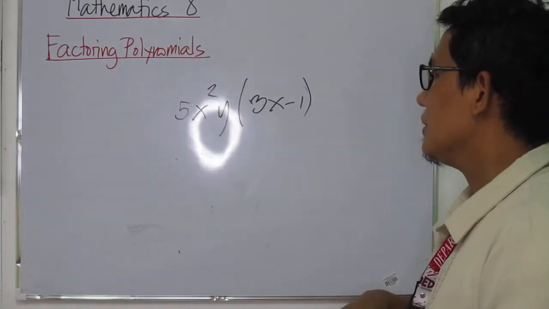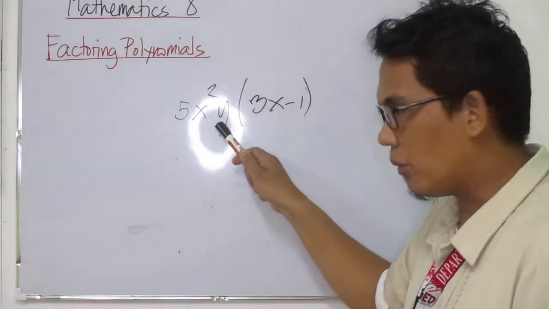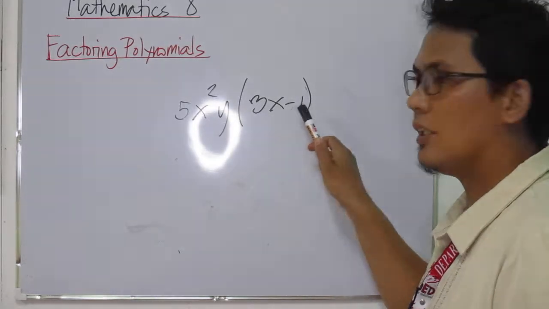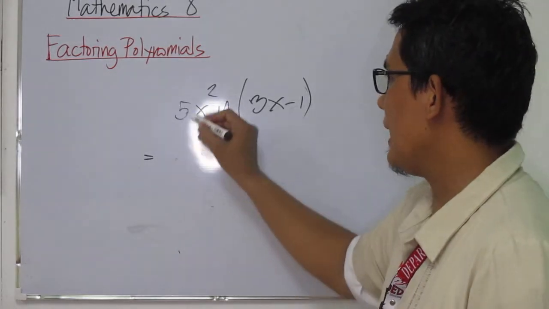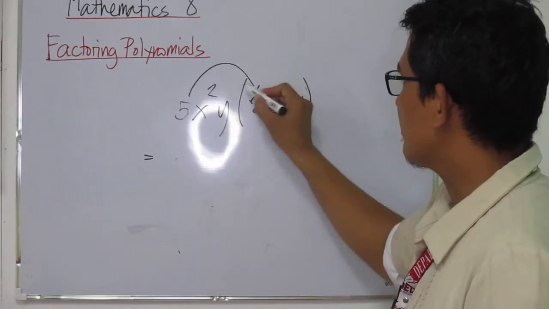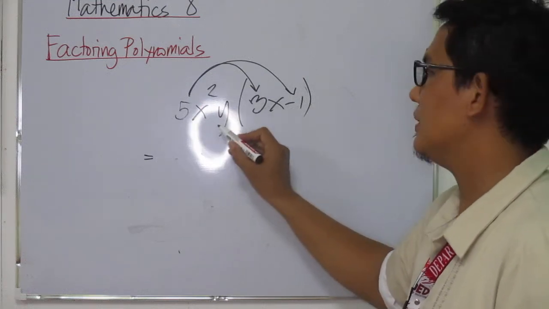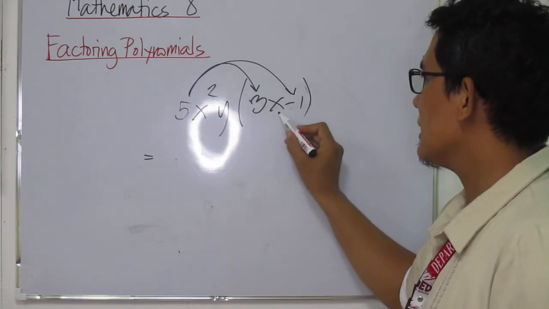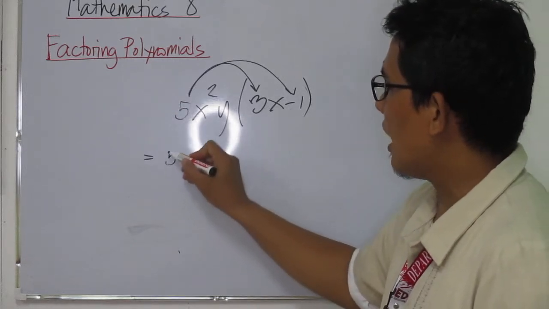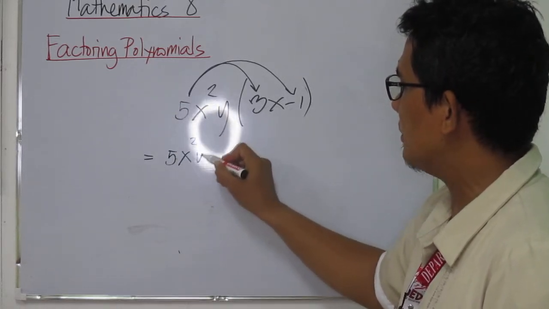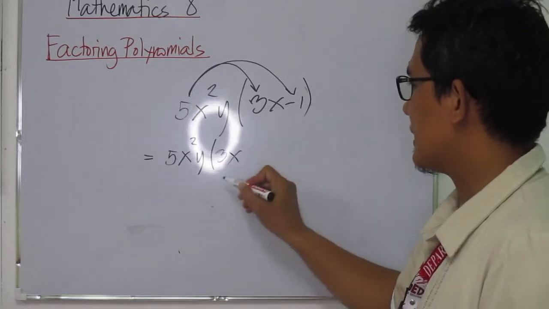So we have here 5x squared y multiplied to our binomial 3x minus 1. Again, we're going to apply distribution. So we're going to multiply our 5x squared y to our 3x minus 1. Same as what we did before, we copy our 5x squared y and multiply that to our 3x.